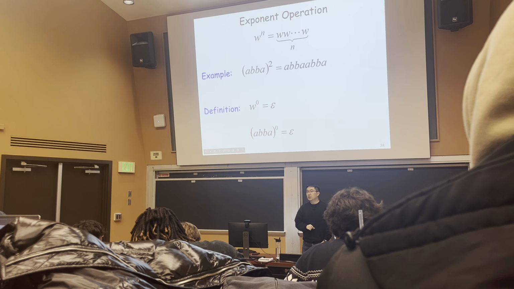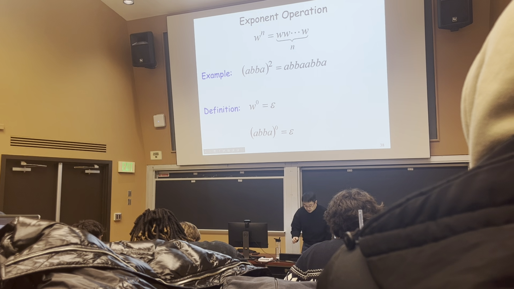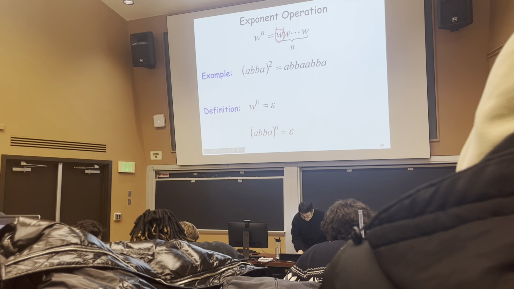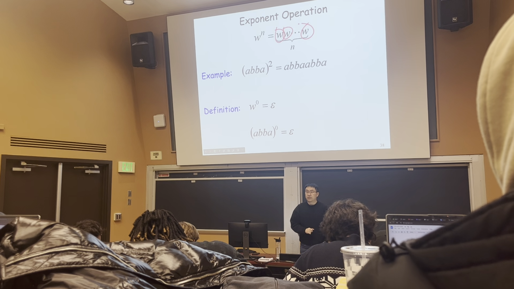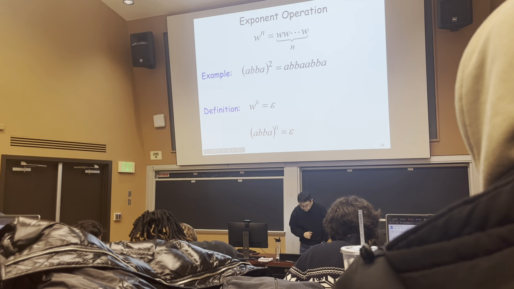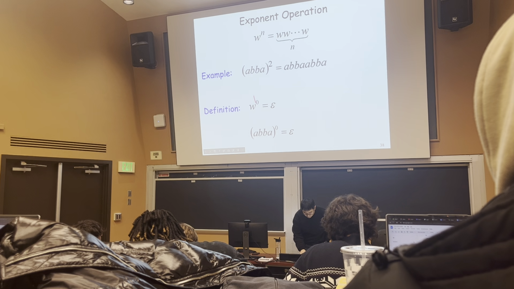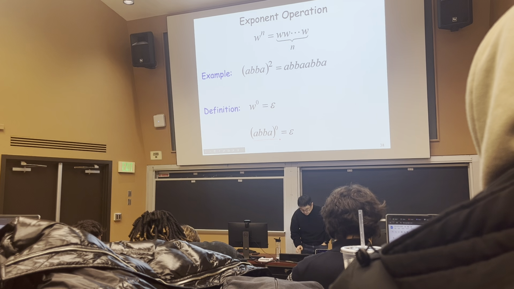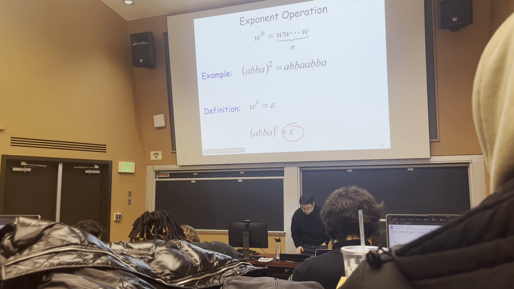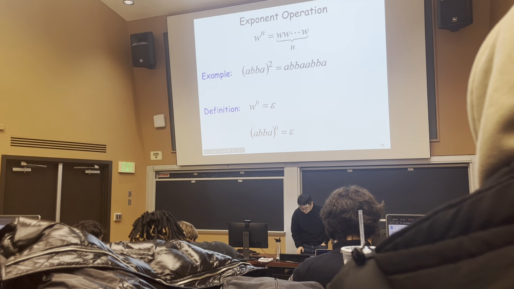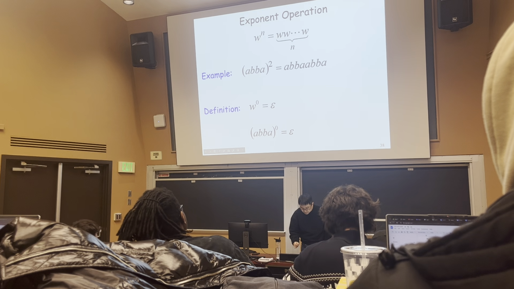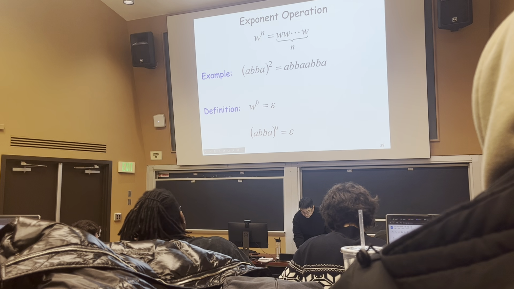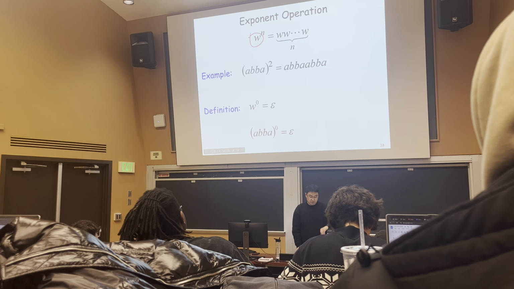Is that a string or is this a language? Here it is a string, so it means W followed by W and so on, altogether n W strings. And if it's W power 0, then it's empty. ABBA power 0 is empty. And this is the exponent operation for strings.